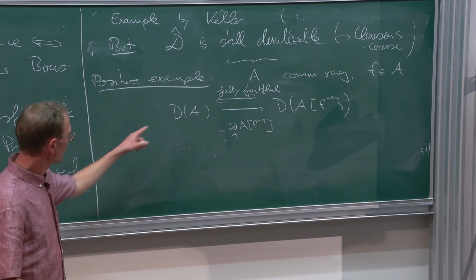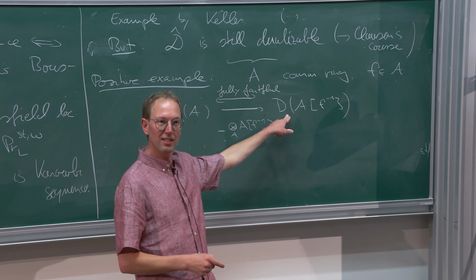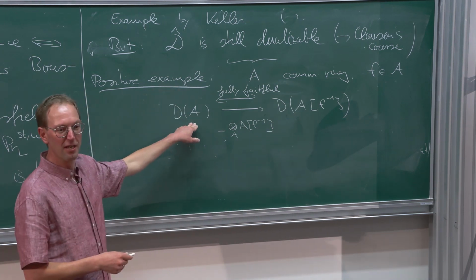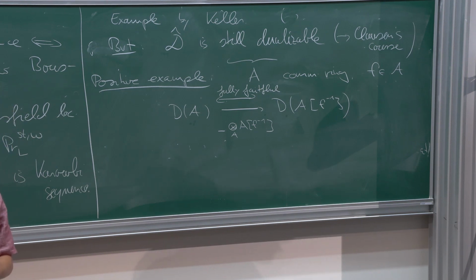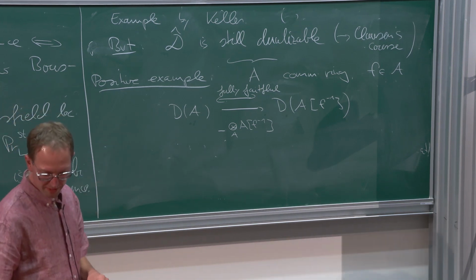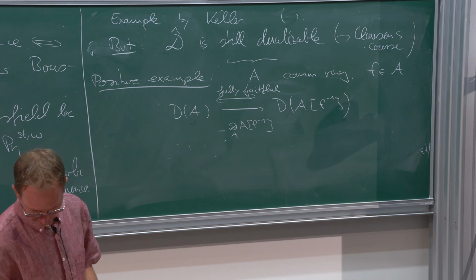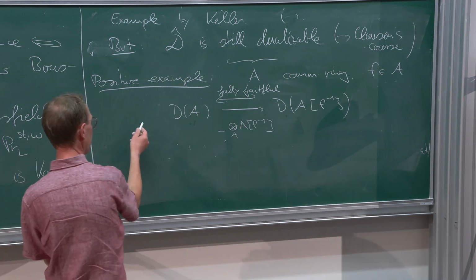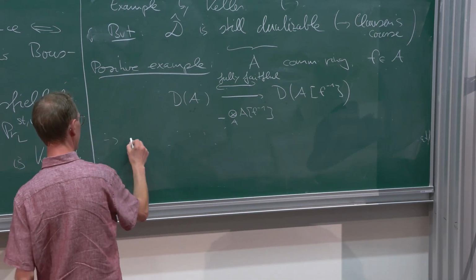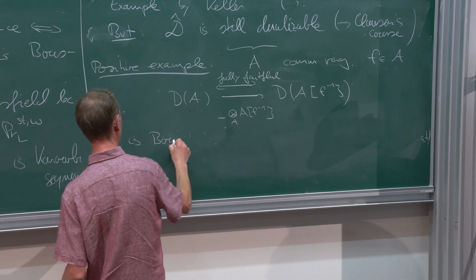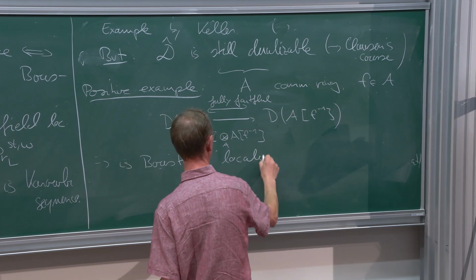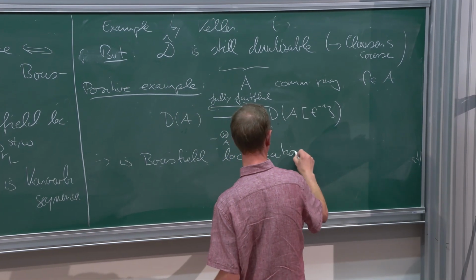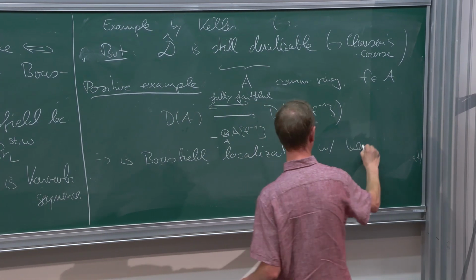And from this you see already that this thing here is a Bousfield localization of this guy by the kernel of this extension of scalars functor. And now the claim is that in this case this is in fact compactly generated. So let's say this is a Bousfield localization with kernel.